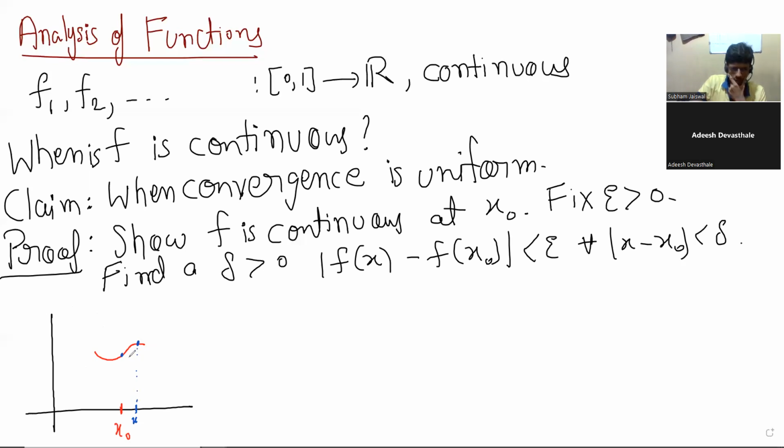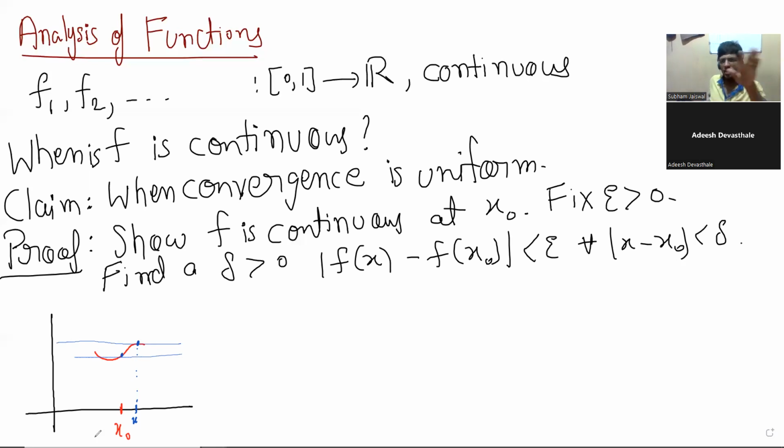So there is no need of a right angle triangle. If you just have horizontal lines, then obviously they won't be uniformly convergent. That's the thing.